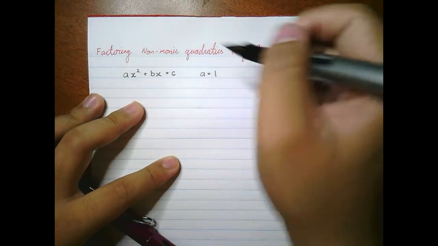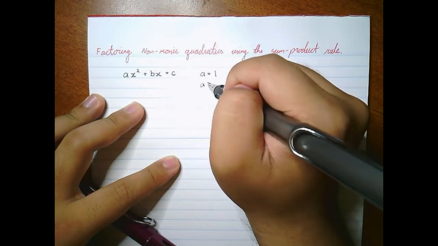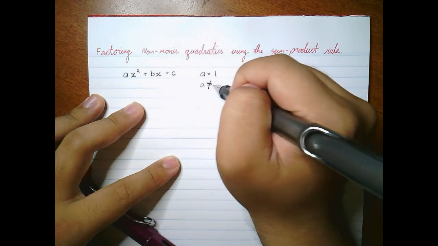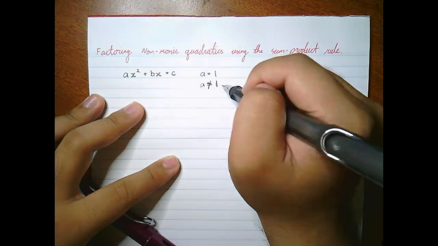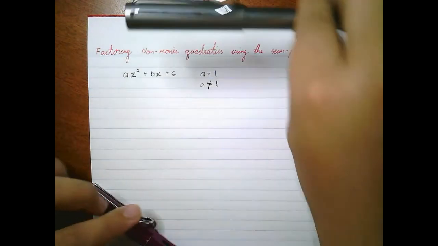In these ones, a is going to be greater than 1, so it's not going to be equal to 1 or 0. It's going to be 2, 3, 4, and so on. So let's get straight into it.